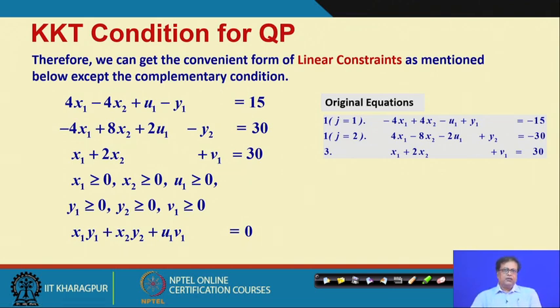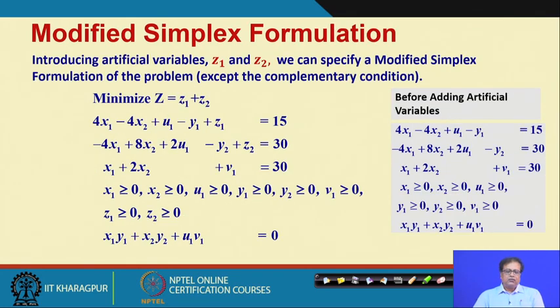Now, really how to solve them is, let us take two artificial variables z1 and z2 to get what is known as the canonical form. So, this is how an LP can be constructed, that is minimize z equal to z1 plus z2 subject to 4x1 minus 4x2 plus u1 minus y1 plus z1 equal to 15, and the next equation plus z2 equal to 30, and this will be for 30, and all these variables along with this complementary condition.